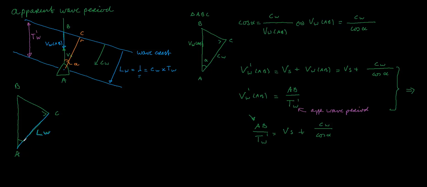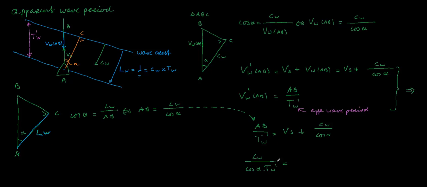What do we know as well? We have here the angle alpha. So we know that the cosine of alpha would be the length of the wave divided by AB. So now we could say, in that case, AB is the length of the wave divided by cosine alpha. And we can put that one over there. So we get the length of the wave divided by cosine alpha times the apparent wave period equals, well, now we do a small trick here.